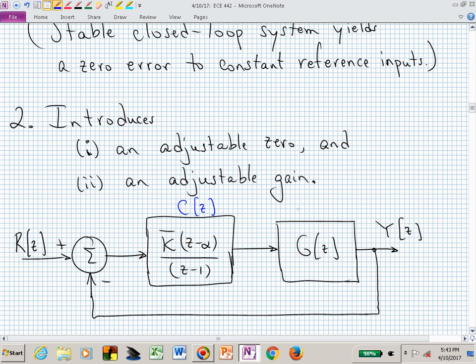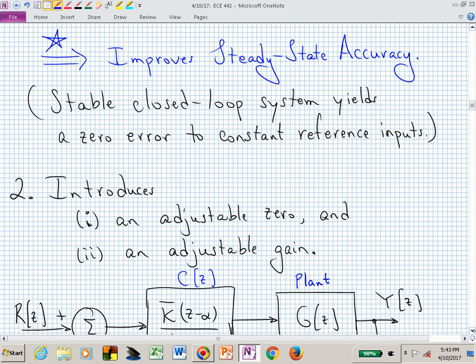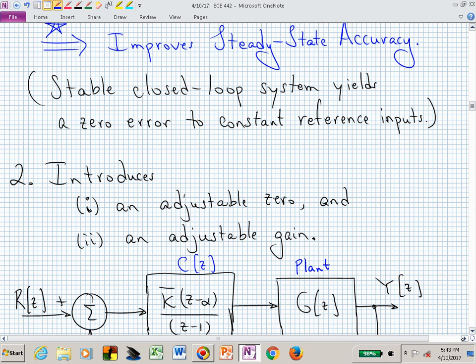Here is our plant, G of Z, and we have a controller, and if I now say a proportional integral controller, then we do have this adjustable gain that I'm calling in this formula K bar times a zero factor, Z minus alpha, and that pole is fixed at Z equal 1. That gives rise to the Z minus 1 factor. That's what we get when somebody says, oh, put in a PI controller.